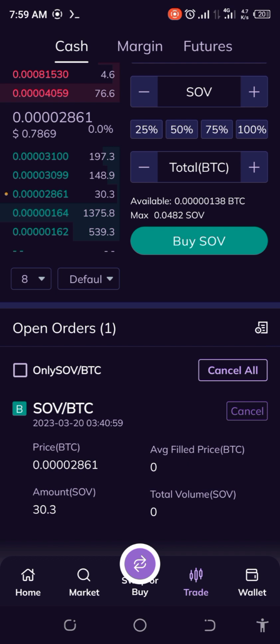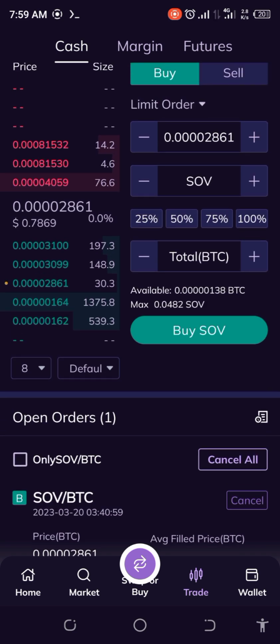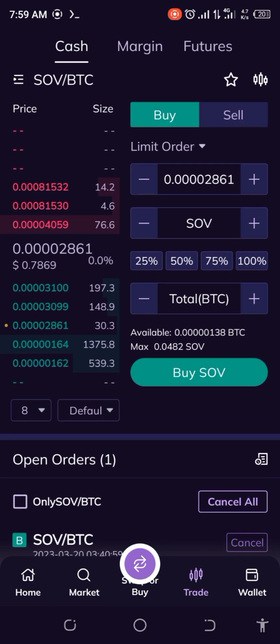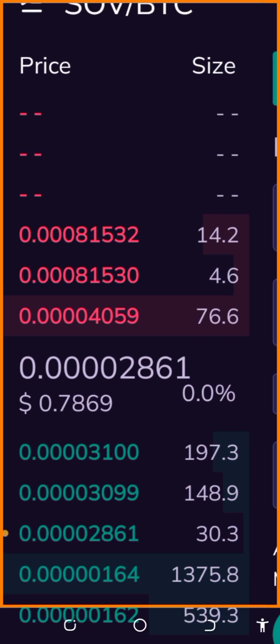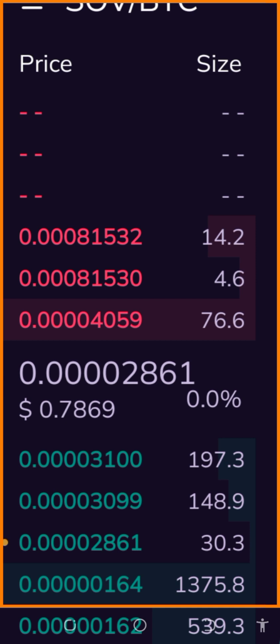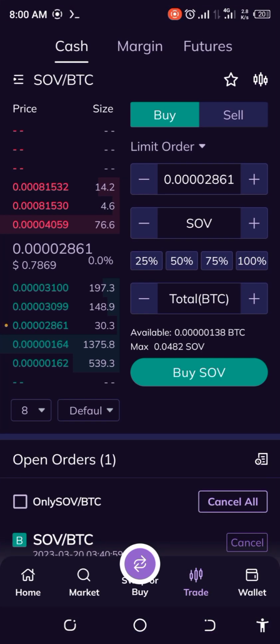But if I do this by market order, first of all, I'm not going to make any money, because you can see in the order book, the very first red price is what I'm going to be given by market order, and that's not going to work for me.